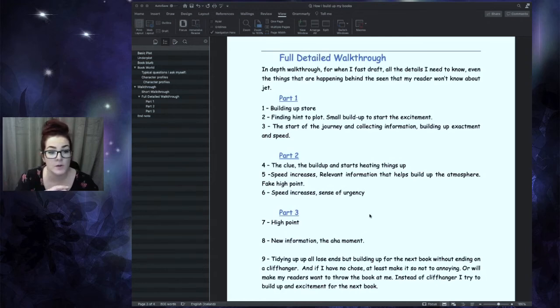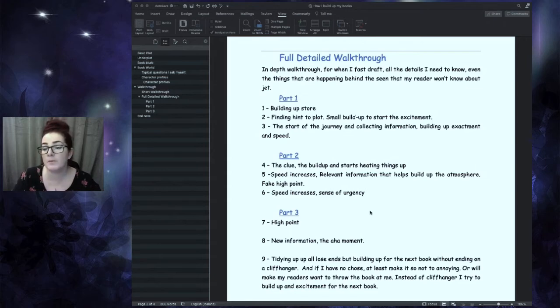In part two, I start giving clues and really heat up the pace of the book, giving the reader something that makes them really want to keep reading.